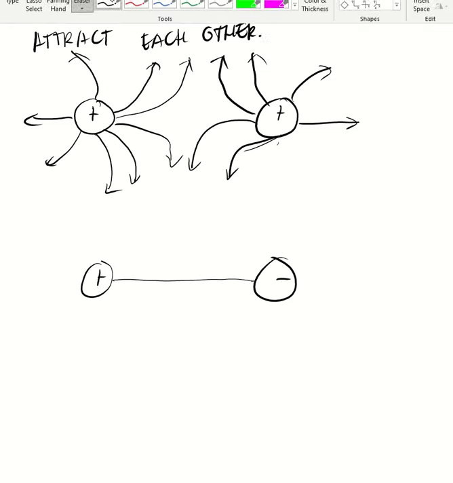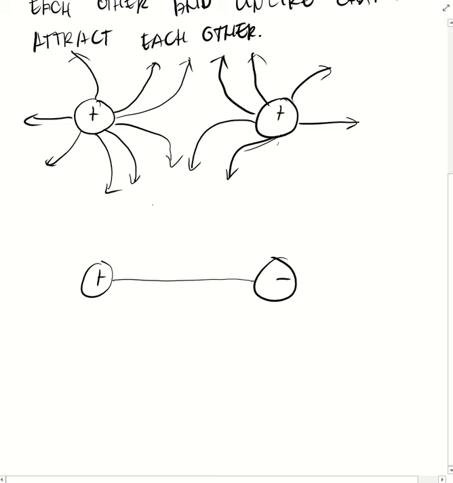So if we redraw this, this is negative, and instead of going in that direction, the lines will be in the opposite direction, because it's negative.